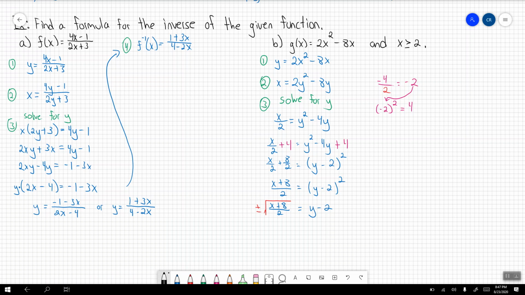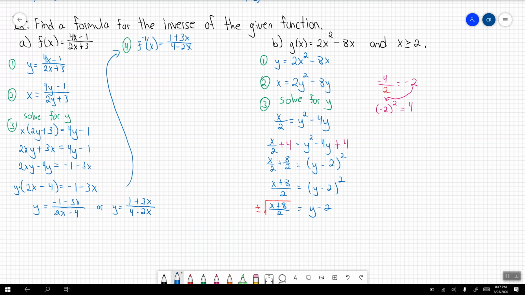Okay, I want you to follow me along with this. Notice, from the very beginning, we had x greater than or equal to 2. But what was the second step? The second step was where we interchanged every x with y, which means if we had an initial domain restriction of x is greater than or equal to 2, guess what's going to happen here?